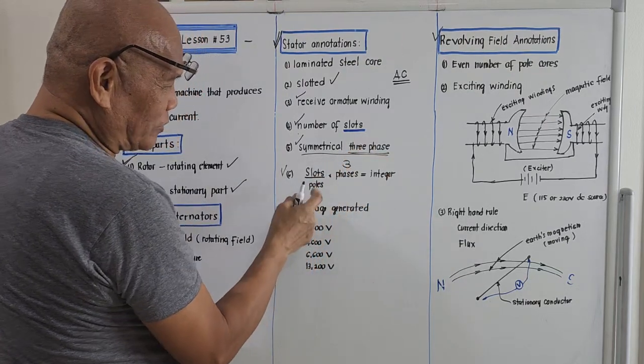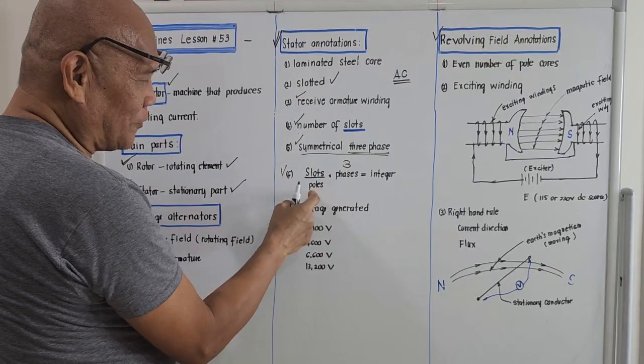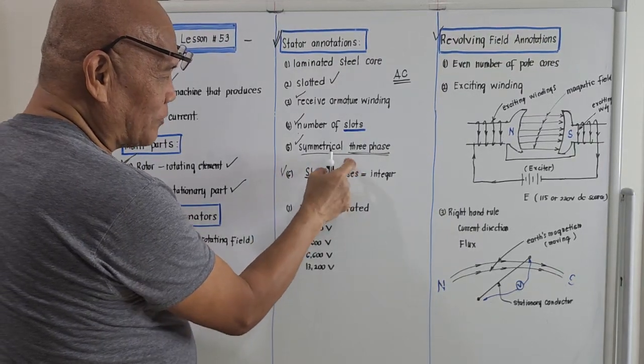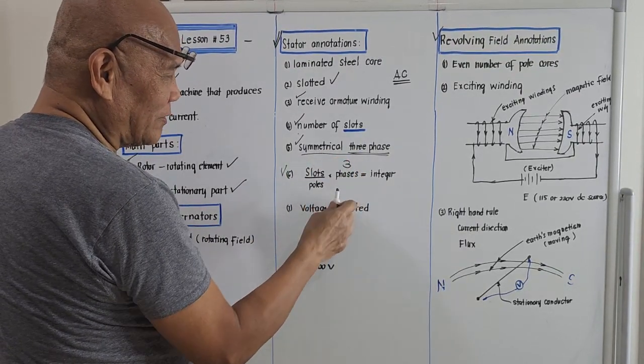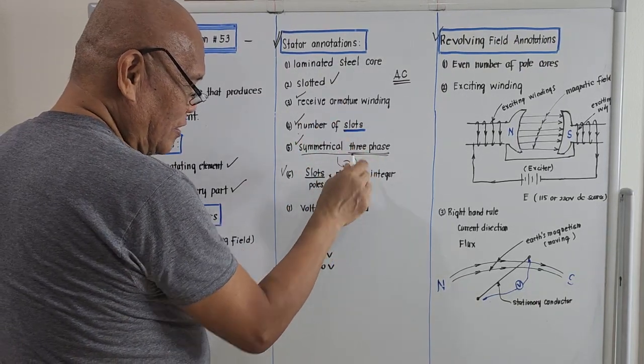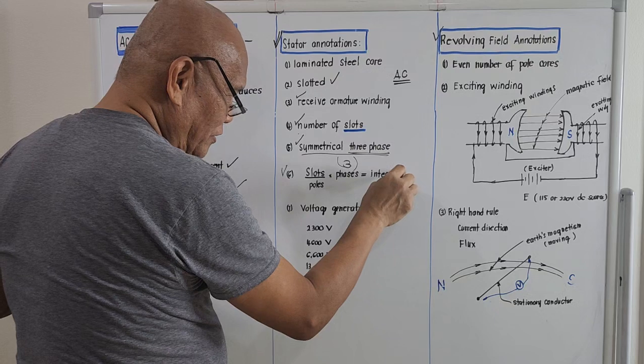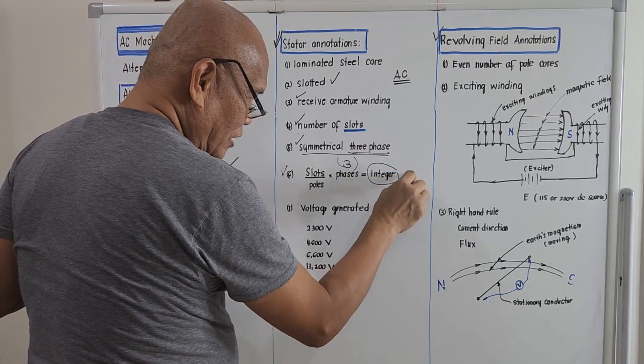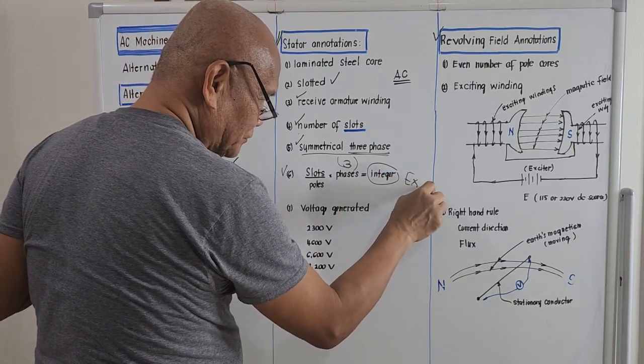If we take the ratio of slots over poles multiplied by the number of phases, and here it should be three-phase, so this is times 3, what will come out should be an integer. It should be an exact number.